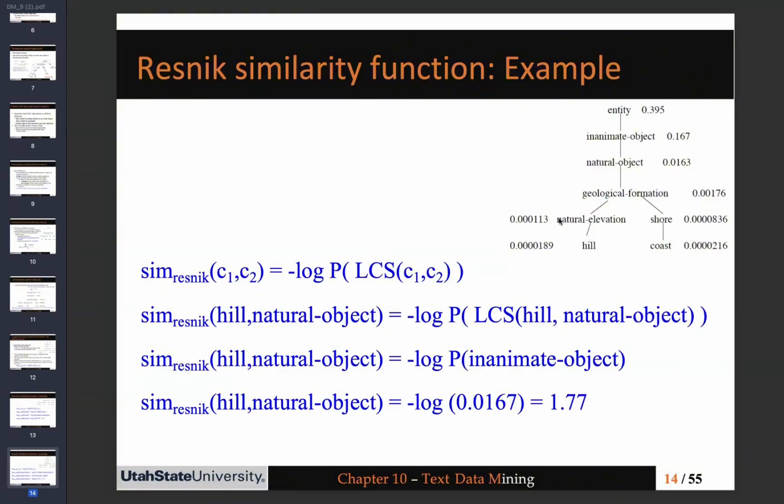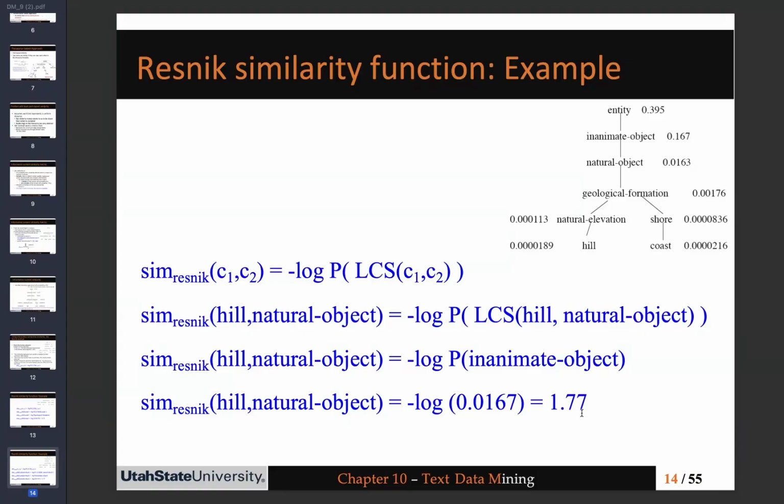So hill has multiple parents, so it has natural elevation, geological formation. The great grandparent here is natural object, and the first lowest common subsumer is inanimate object, right? So inanimate object has a probability of 0.167, which we plug inside of our log here, and it's giving us a score of 1.77 here. So that's how close the two objects are.